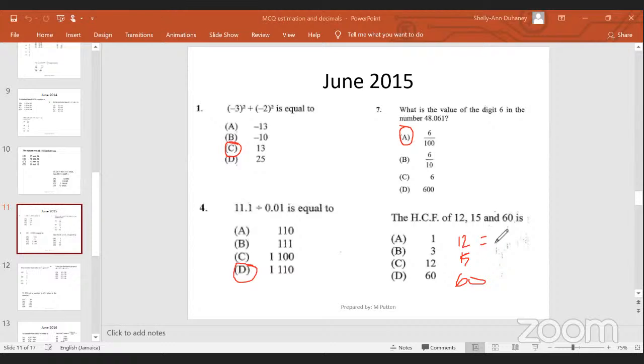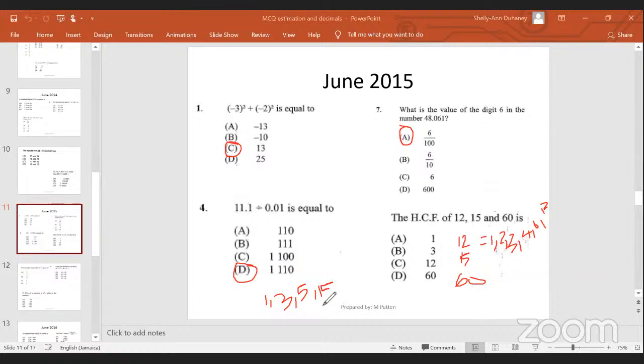Okay, my very bright student, enlighten me. Tell me the factors of 12. 1, 2, 3, 4, 6 and 12. All right. The factors of 15 are 1, 3, 5 and 15.